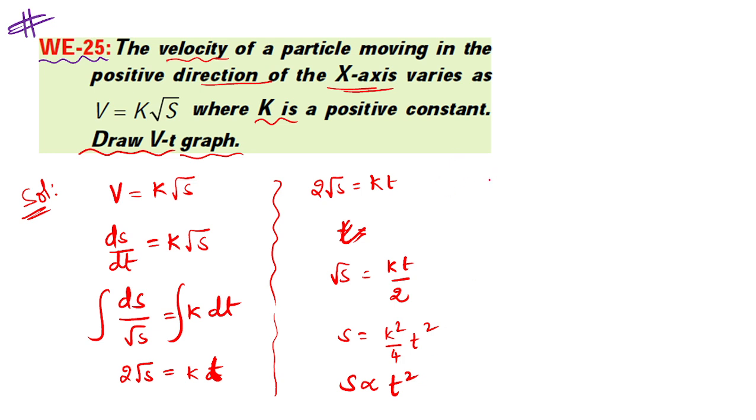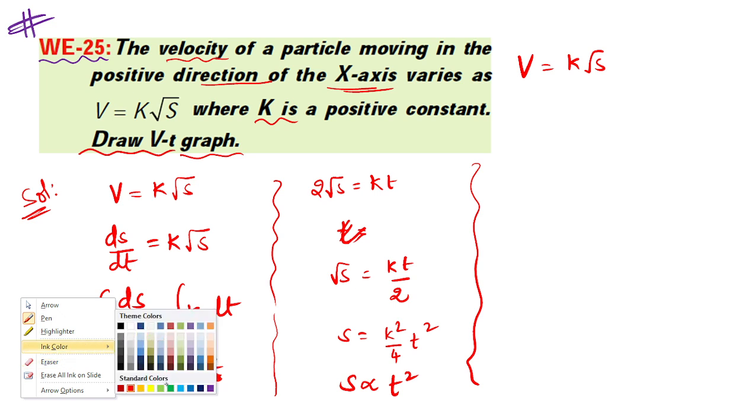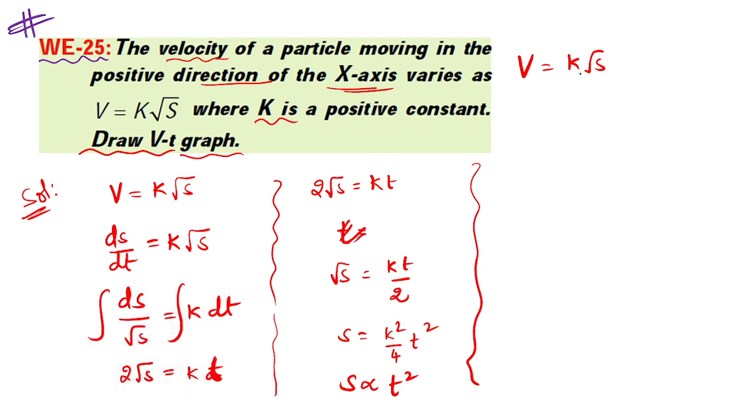Yes or no? Right? Now we already have one equation: v is equal to k times root s. Yes or no? So you might have studied in lower classes, if this is proportionality, v is directly proportional to root s. Instead of s, what can I write here? T square.